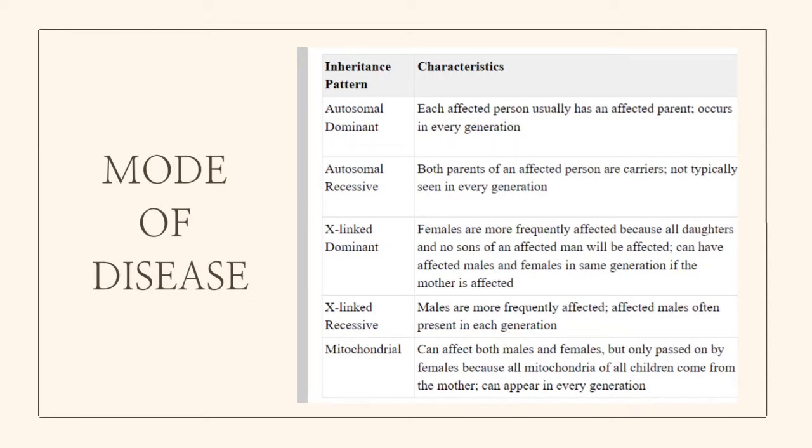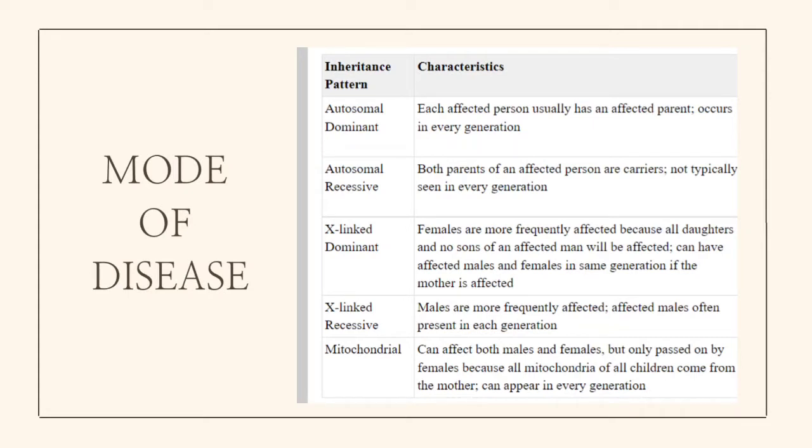It can appear in every generation. So in mitochondrial, both the son and the daughter will be affected as long as the mother is affected. Because we all know that the mother is the source of our mitochondria.